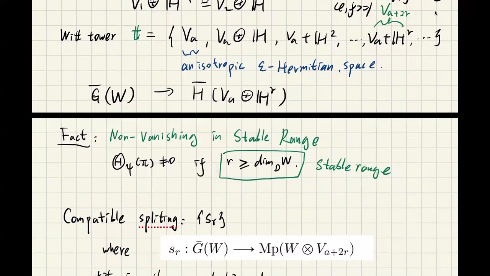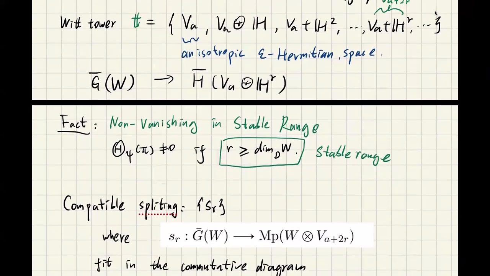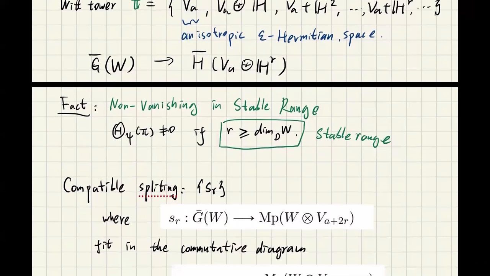Basically, this is because the restriction of the Weil representation contains the regular representation of G-bar W. Or actually, not contains, has a quotient which goes to this one.